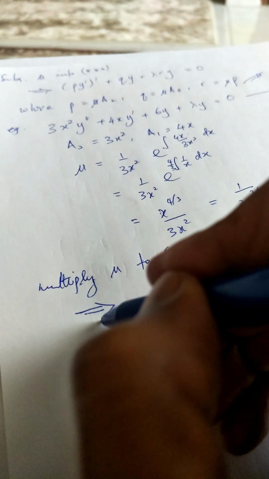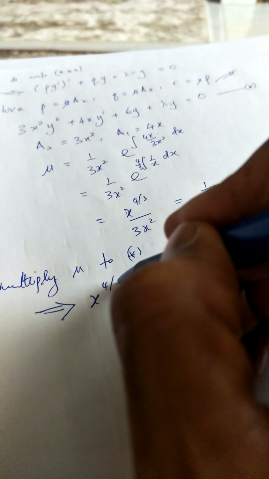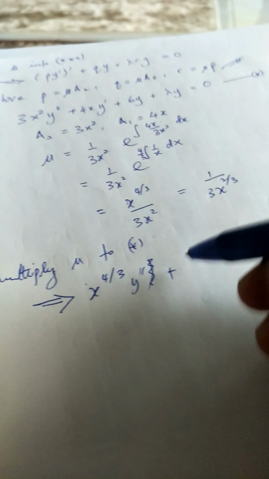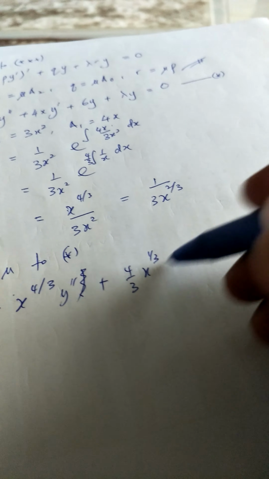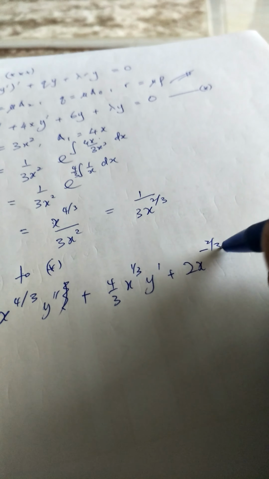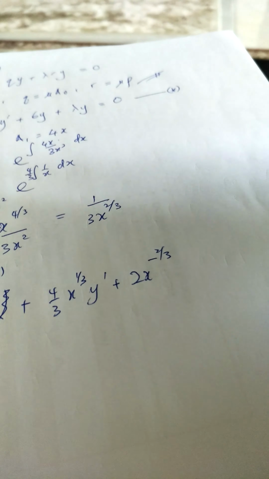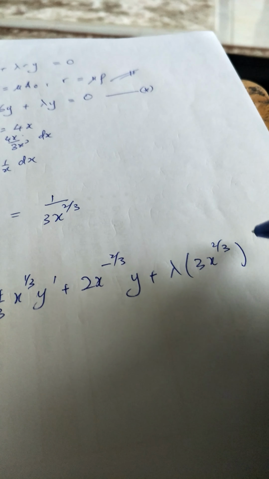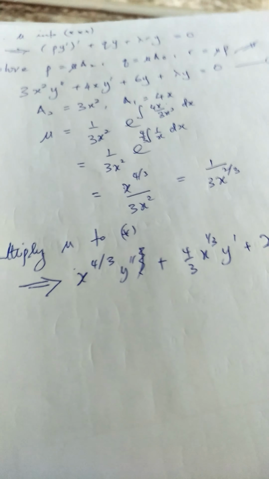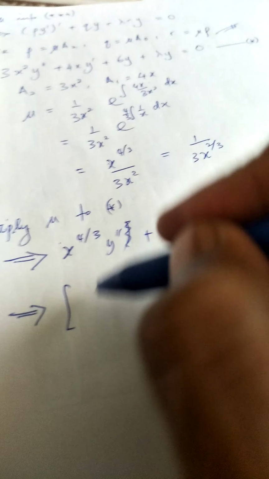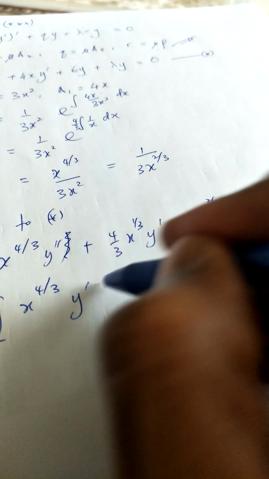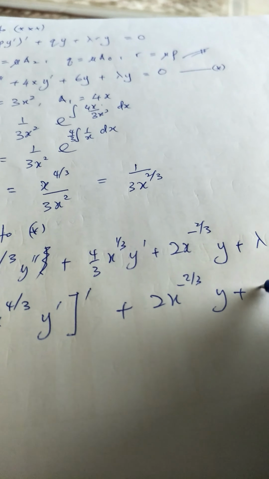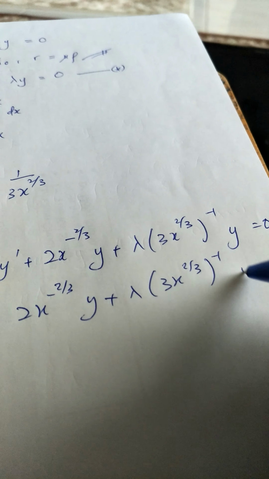So what we have: x to the 4 over 3 y double prime plus 4 over 3 x to the 1 over 3 y prime plus 2x over 3 y plus lambda 3x to the minus 1 y equal to 0. Hence we can easily write this as x to the 4 over 3 y prime, derivative, plus the rest just the same, plus lambda 3x to the minus 1 y equal to 0.